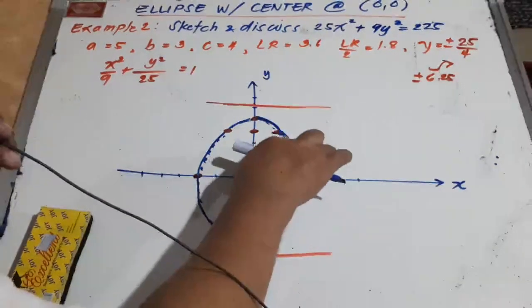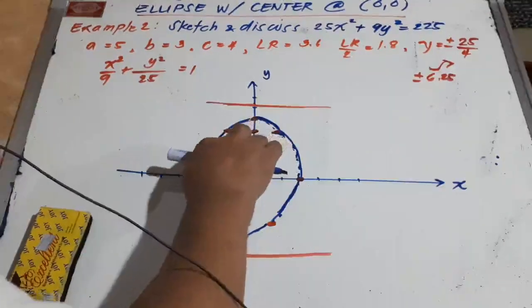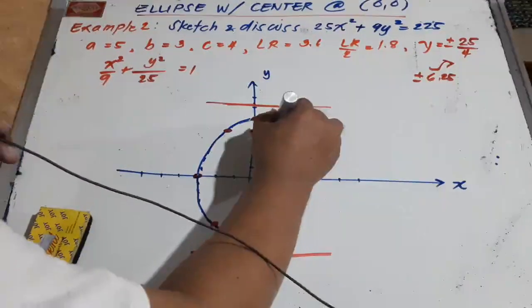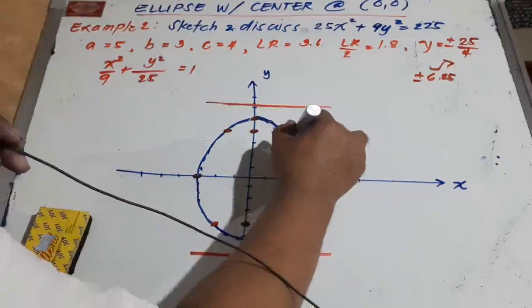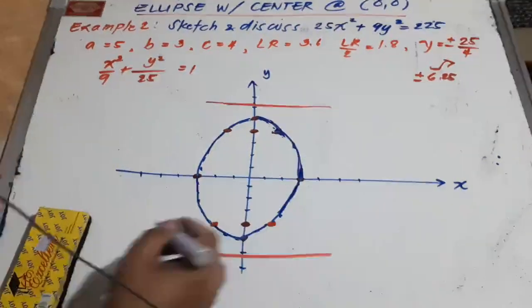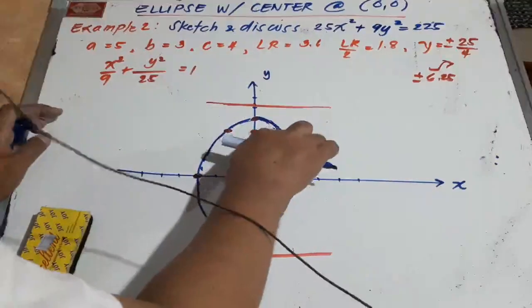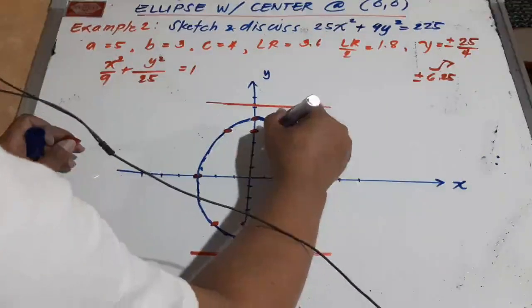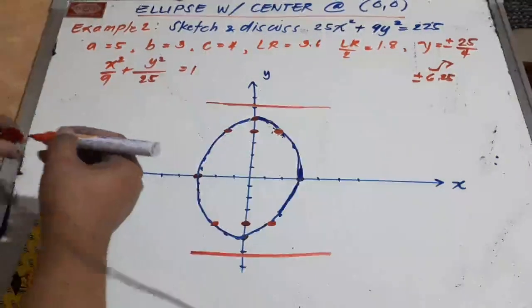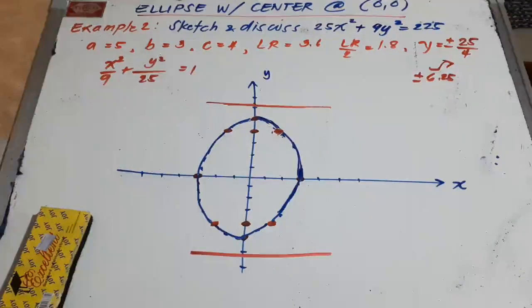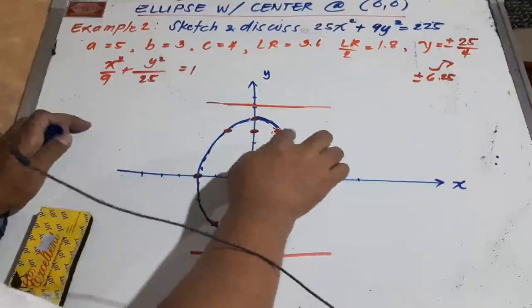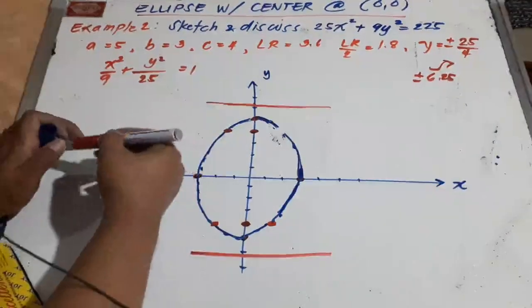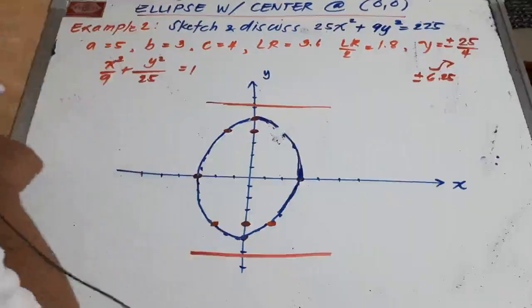Ayan, ellipse natin. Ayan. Okay. So, nandito yung ating, ayusin natin.